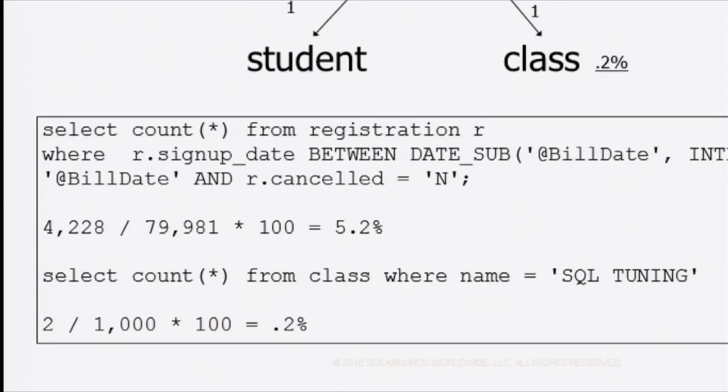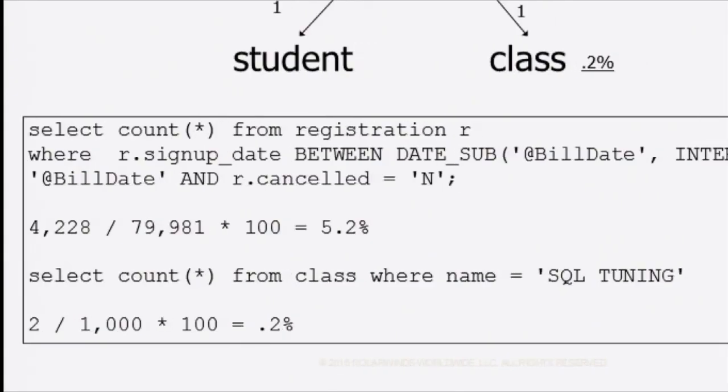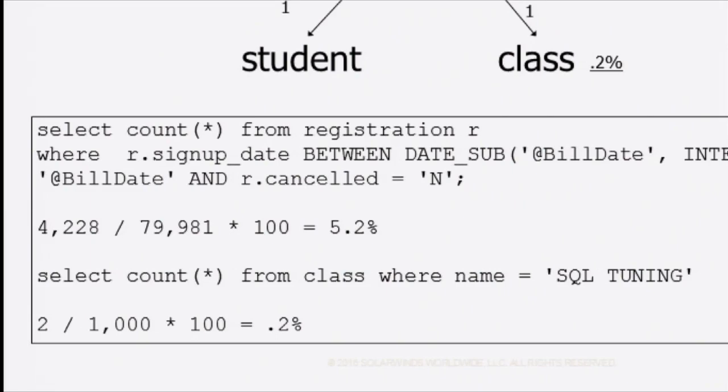So if you get the ratio of that, about 5% of registration is going to be read with that filter, right? The other filter was on SQL tuning, where we had 2 records being returned, probably because of different levels of that class, out of 1,000, and 0.2% of that table is going to be read.